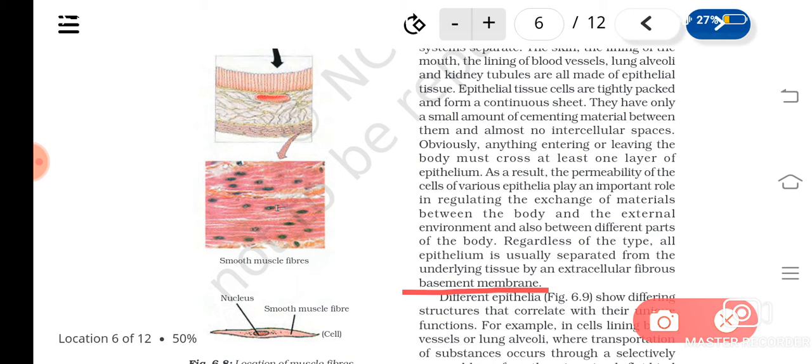Any type of epithelial tissue you take, the epithelium is separated from the underlying tissue, the tissue found just below it, by an extracellular fibrous basement membrane. That is one of the basic characteristics of the epithelial tissue.